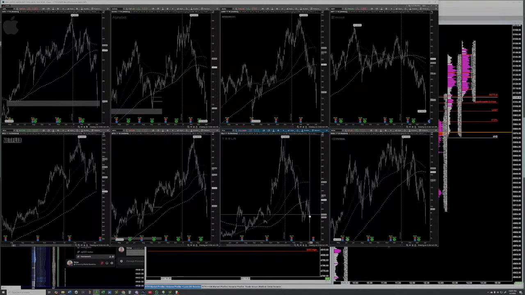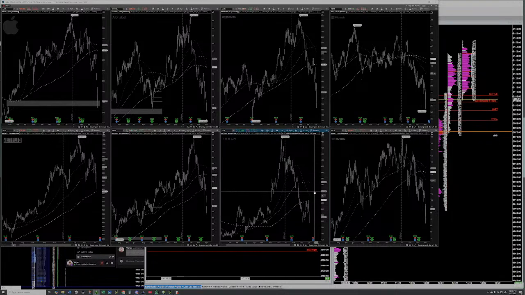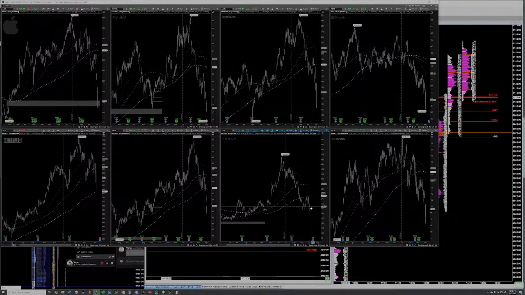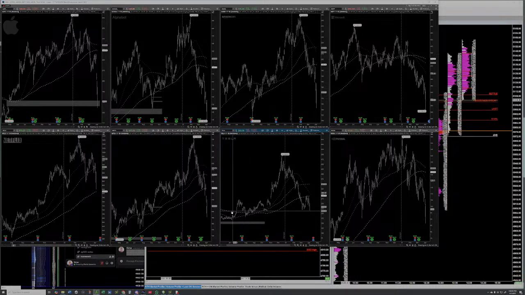I give some odds for this market actually rallying here, but I think that would be very misleading, right? Very misleading here. As you can see, this is the only one that hasn't had a serious liquidation here. It's just flickering around this support area around the 200 thing.